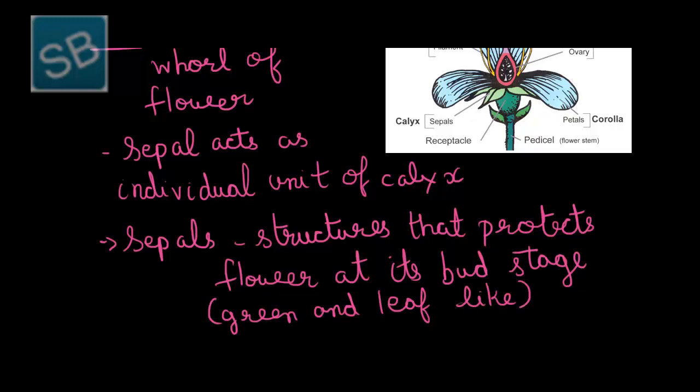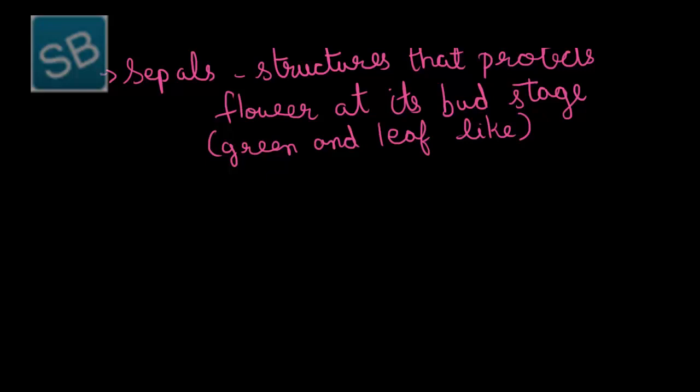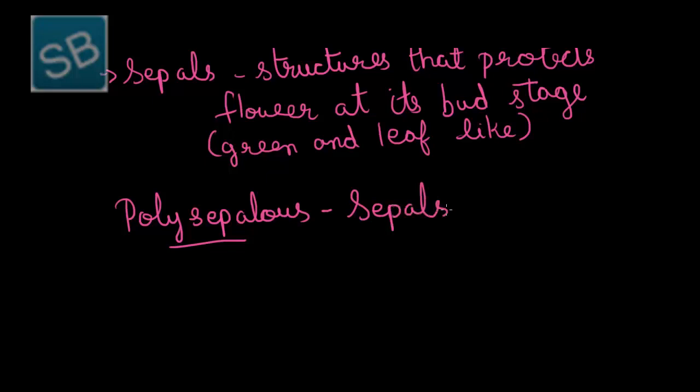Now these sepals can be basically of two types, either polysepalous or gamosepalous. Polysepalous is the form in which the sepals are arranged free from one another.